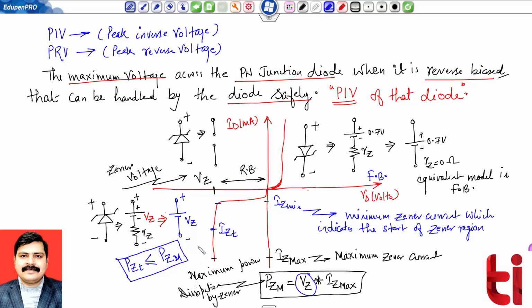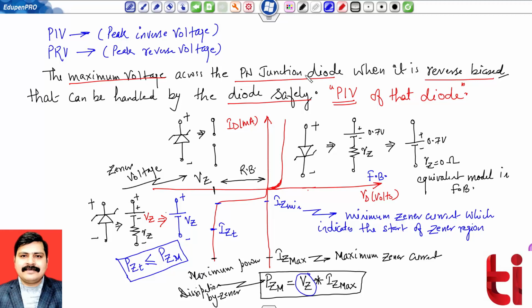So for the situation, if Zener diode is working in the breakdown region, that is the Zener region, we need to check its survival. If my testing Zener power dissipation factor is less than or equals to PZM, then we can say that my Zener diode is safe. Okay. So these are the specifications also, and we have discussed their models and the VI characteristics of Zener diode.